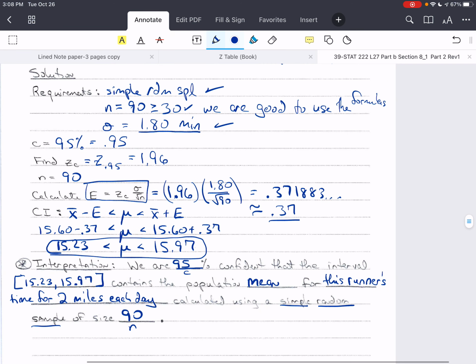So this is n that goes here. And so we have successfully interpreted the confidence interval. So we've calculated the confidence interval, which is here, and we've interpreted it here, which is, again, the most important part. Up until we interpret, we've just been doing math.